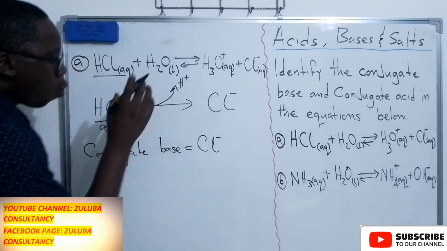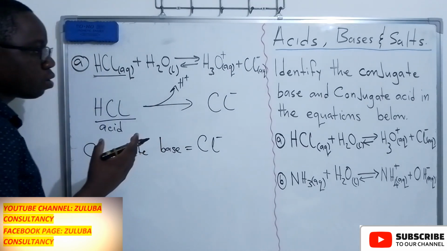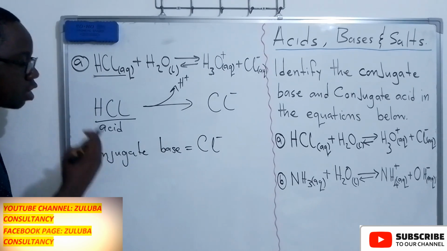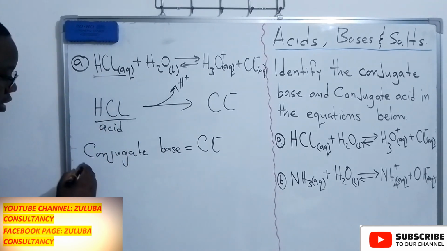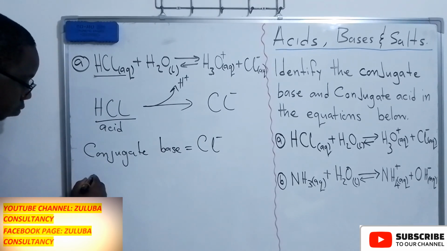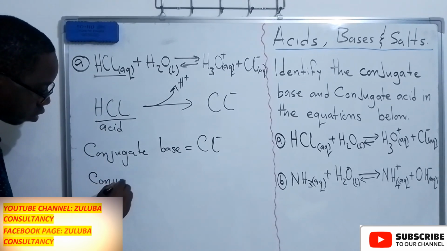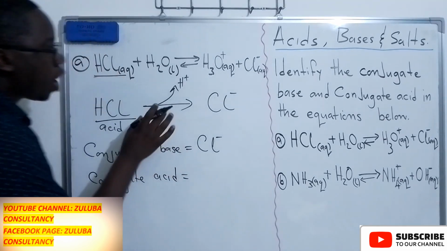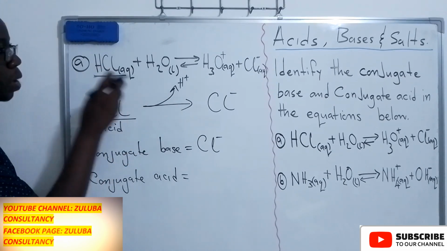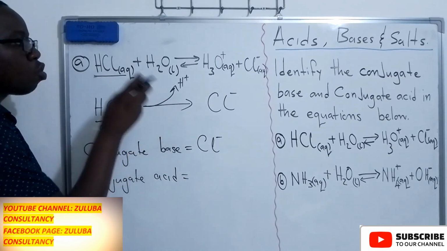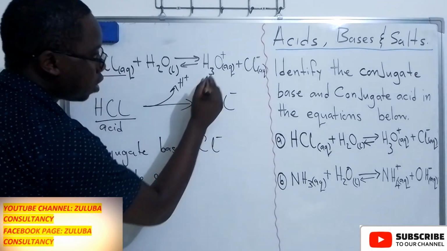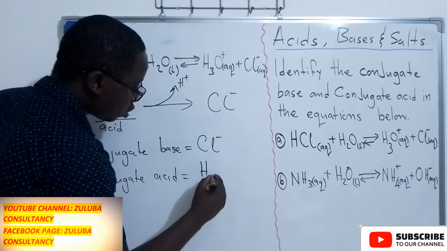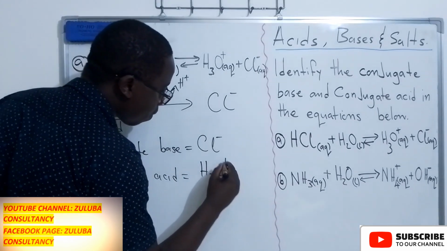Then, when a proton is donated to a base, what is formed between a base and a proton, we say that is a conjugate acid. So the conjugate acid is what is formed as a result of a base reacting with a proton. So what is formed as a result of a base reacting with a proton is H3O positive.